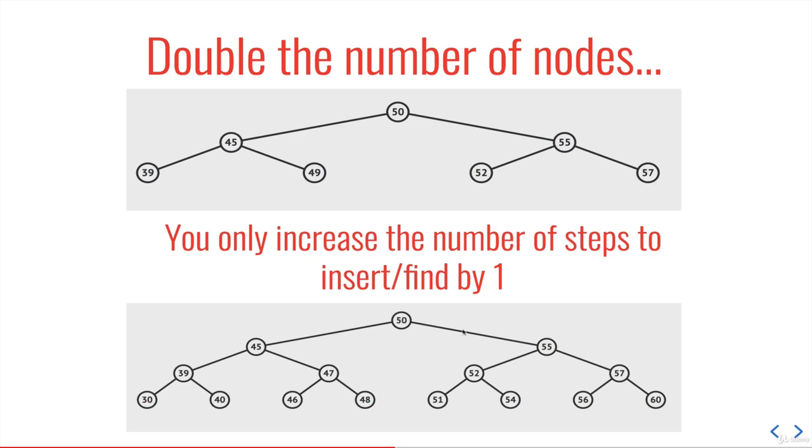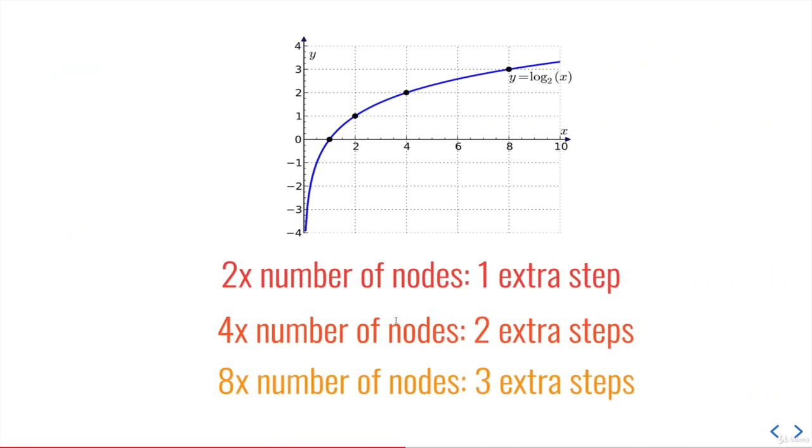If I was trying to insert 61 this time, I just have to go 1 step, 2 steps, 3 steps, 4 steps. The one that has half the nodes was 3 steps. So because of the way we keep it sorted, and again, that only works in a binary search tree, as the number of nodes doubles, we only increase the number of steps by 1. That relationship is log base 2.